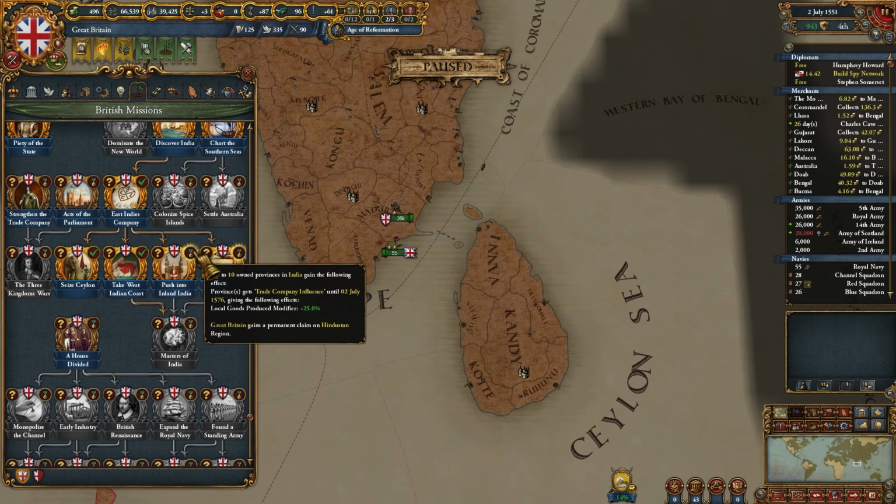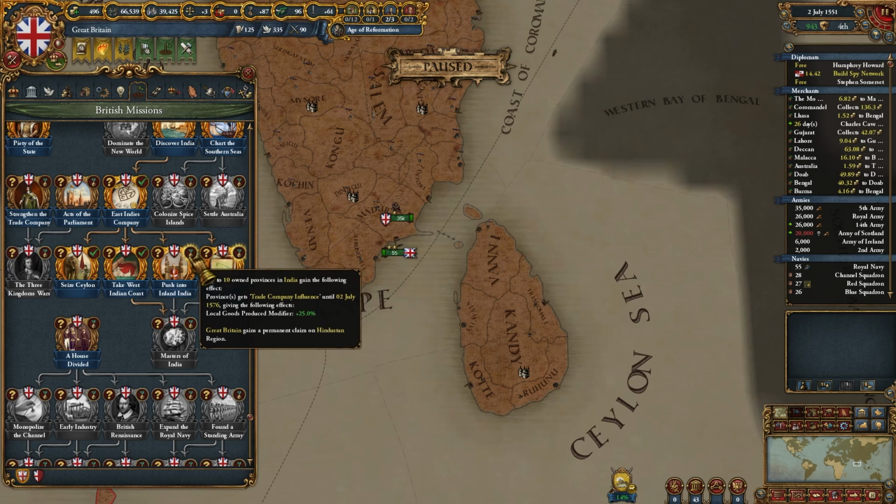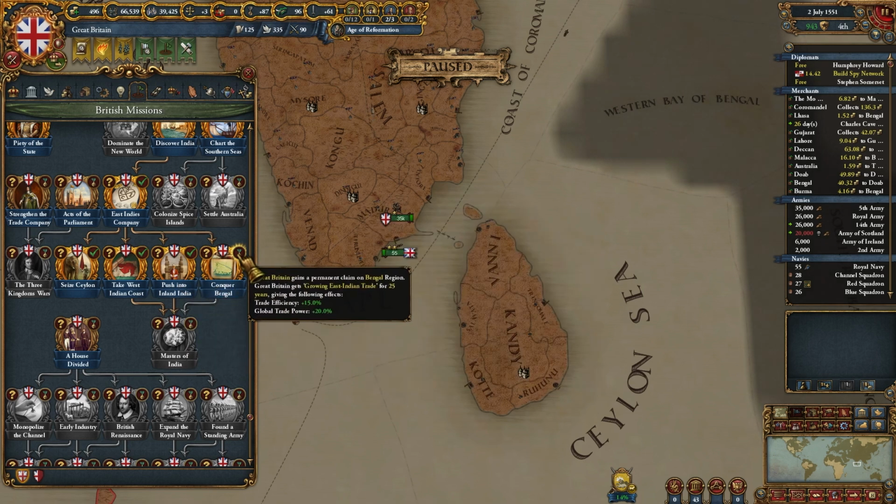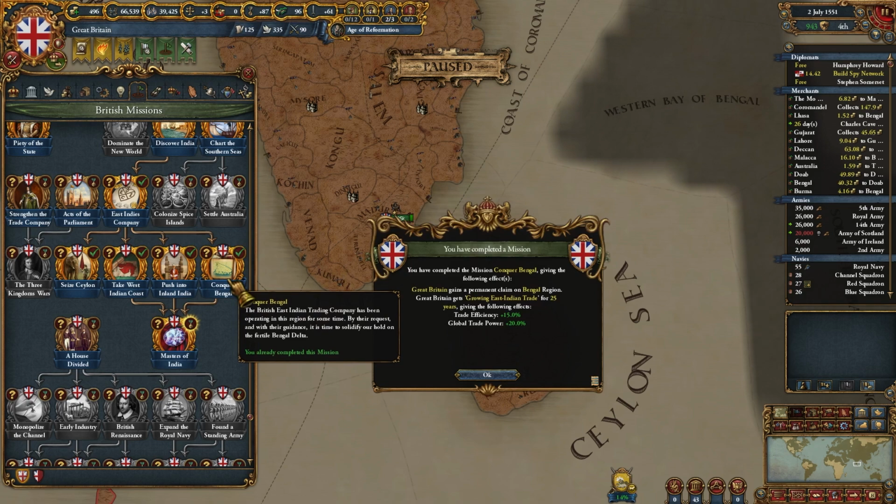This one gives me local goods produced modifier in 10 provinces in India for 25%, which is quite nice actually, and more permanent claims. And this one gives me trade efficiency for 25 years and global trade power, which will boost my income even higher.